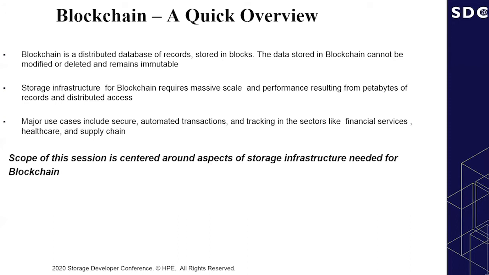These schemes help to ensure the security and immutability of every entry. Now, a blockchain can be public or private. Examples of public blockchains are Bitcoin and Ethereum. Examples of private blockchains are Hyperledger and R3 Corda.